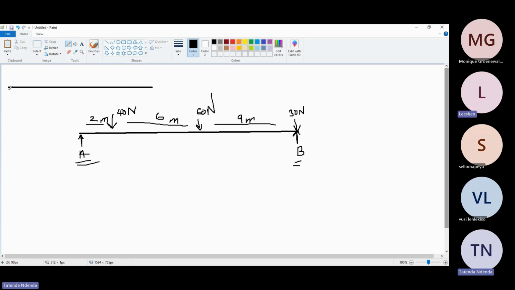I'll say that this is our A, and this is our B. This is 40 newtons, this is 60 newtons, and this is 9 meters.